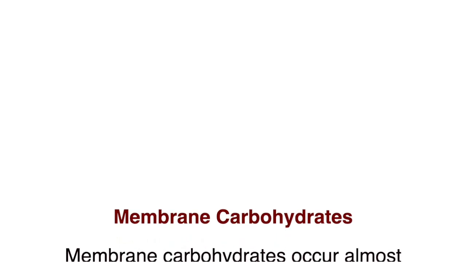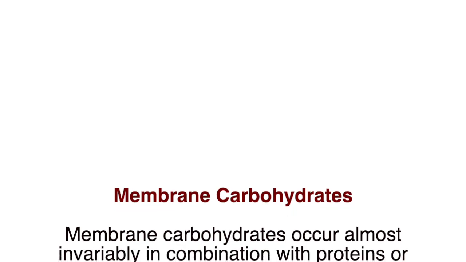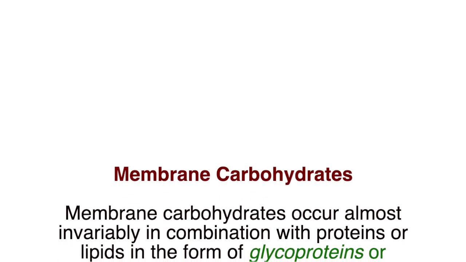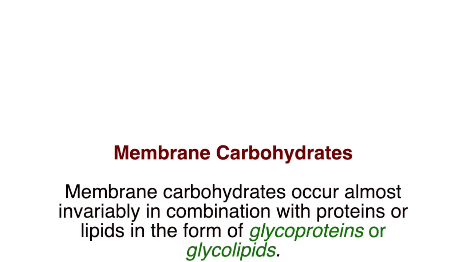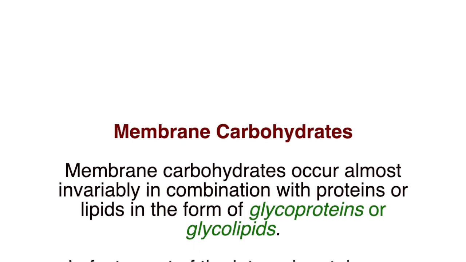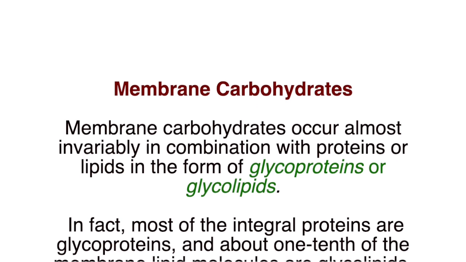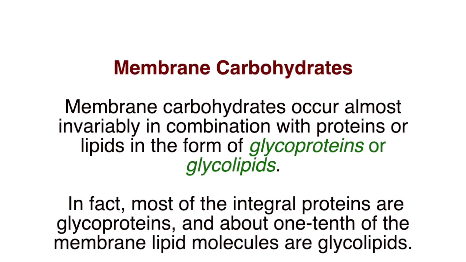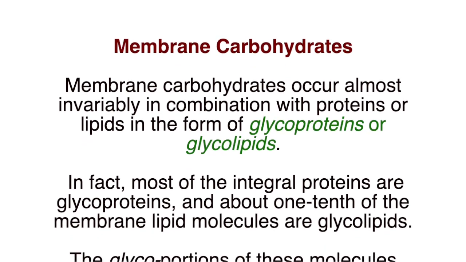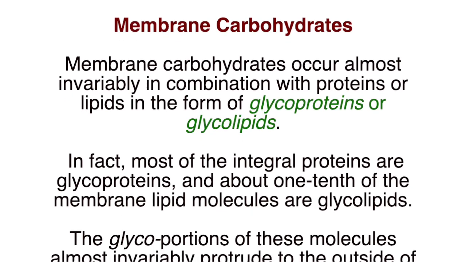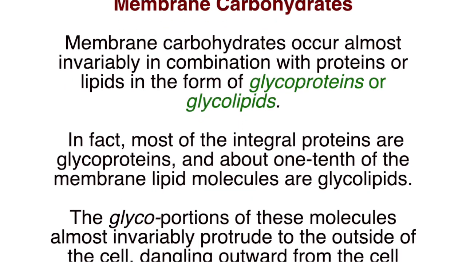Membrane carbohydrates. Membrane carbohydrates occur almost invariably in combination with proteins or lipids in the form of glycoproteins or glycolipids. In fact, most of the integral proteins are glycoproteins and about 1/10 of the membrane lipid molecules are glycolipids.